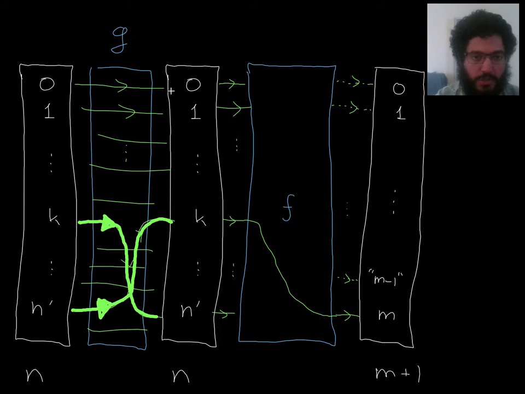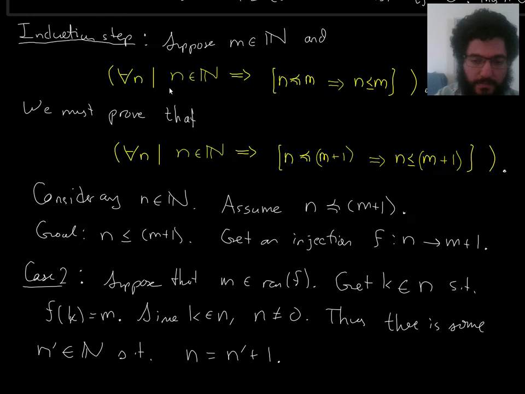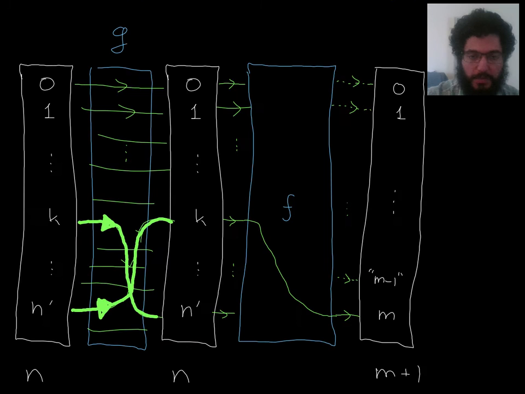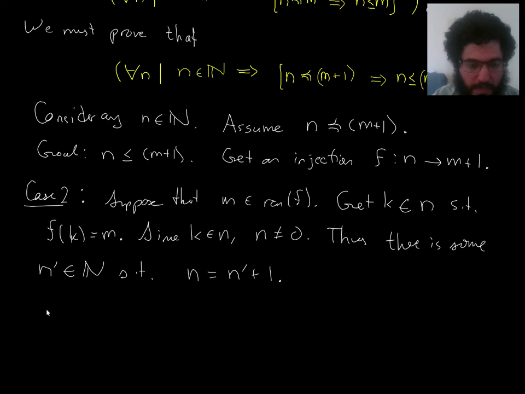And the function g that I want is going to be something that swaps k and n prime. So what do I want g to be actually? I want g to be basically the identity function on n, except instead of sending k to k, it sends k to n prime, and instead of sending n prime to n prime, it sends n prime to k. So this is what I'd have to do.